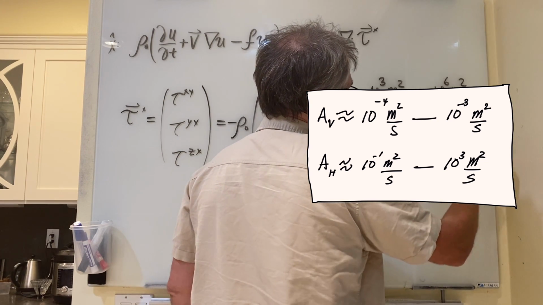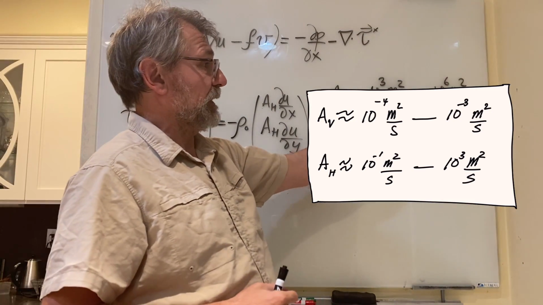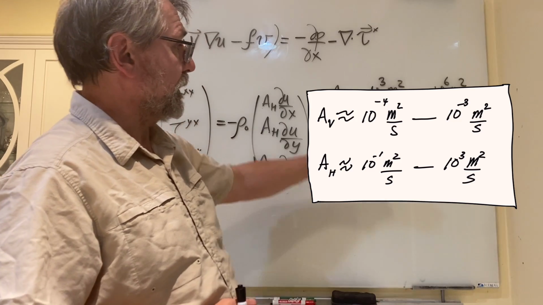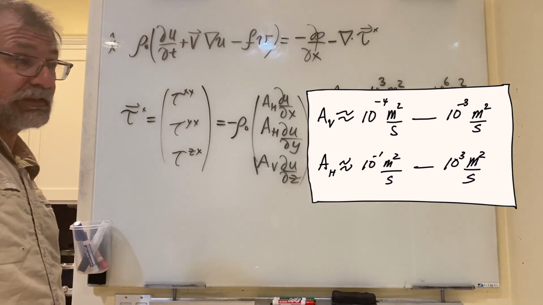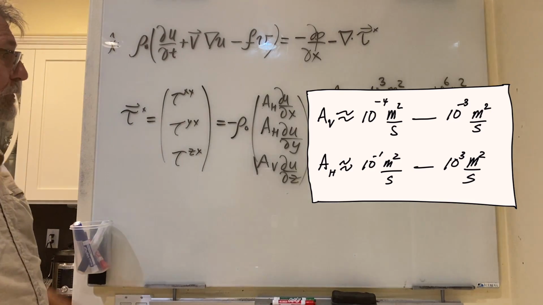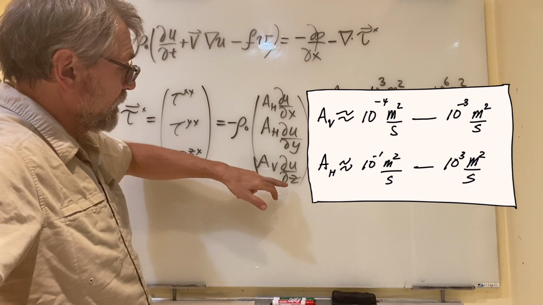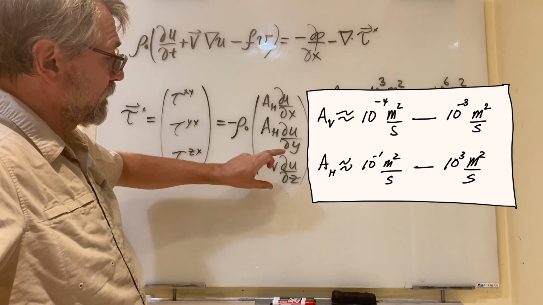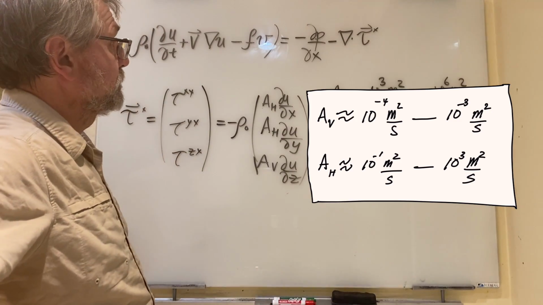So there's maybe a factor of 10 to the 6 difference at the high end, and maybe 10 to the 4 at the low end of these diffusivities. So horizontal are much more important, but at the same time, these vertical scales are much smaller, and so you don't have to mix things as far in the vertical.